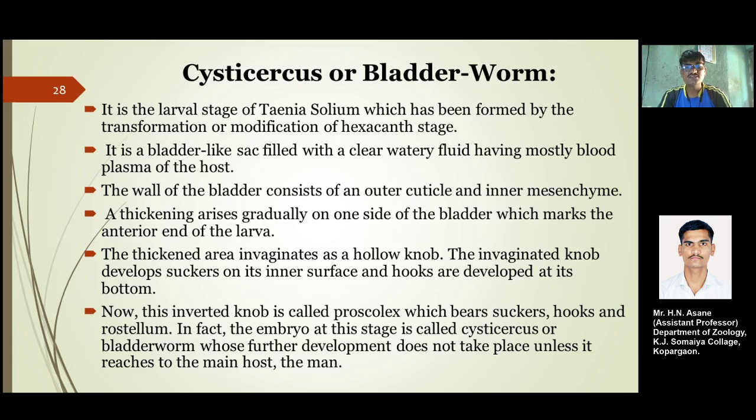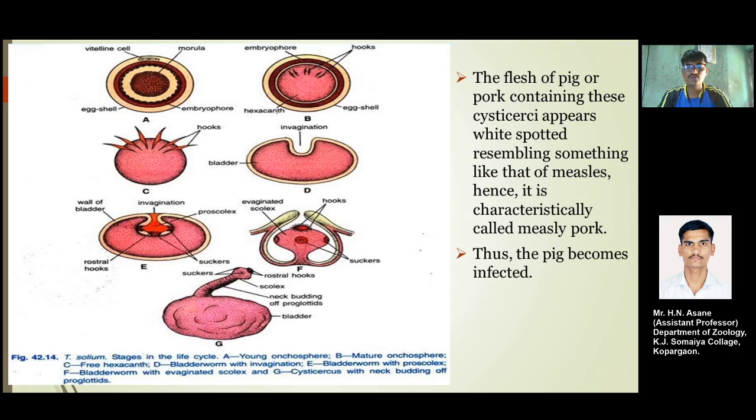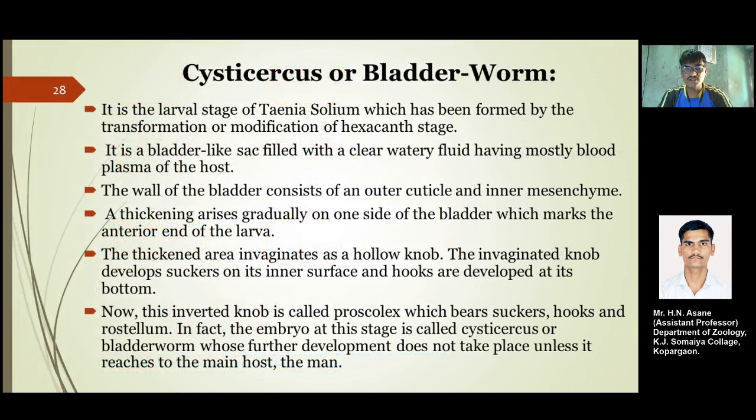That cysticercus or bladder worm does not undergo further development unless it reaches the main host, that is man. As you can see in picture G, after the cysticercus stage, further development is not going to happen in the pork itself.